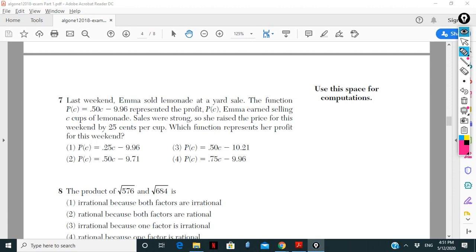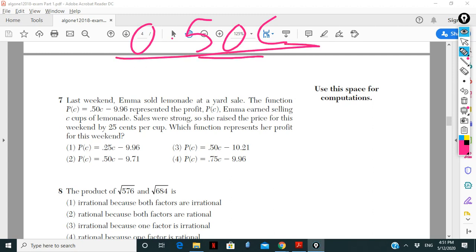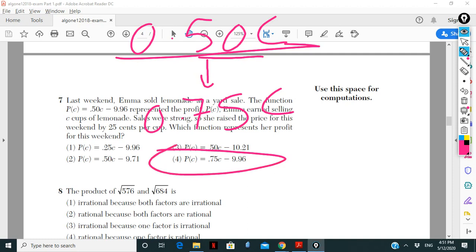Sales were strong, so she raised the price for this week by 25 cents per cup. What is the function of her profit this week? Before, she was earning 0.5c per cup. Now she's raising it by 0.25, so it should be 0.75c. So in that case, I'm picking number 4.